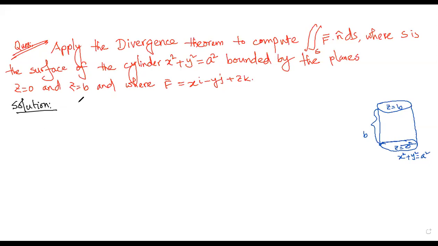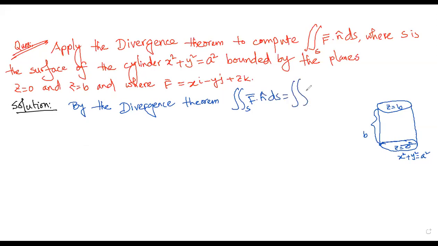By the Gauss theorem, or by the divergence theorem, we know that the surface integration equals the volume integration of del dot f dv.